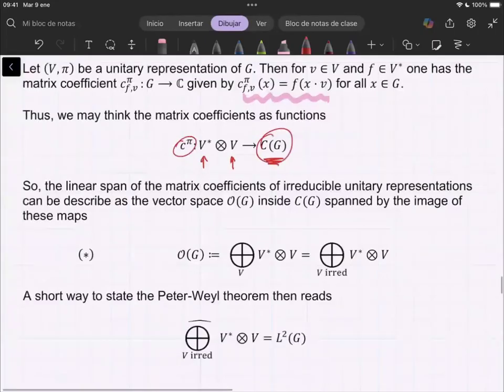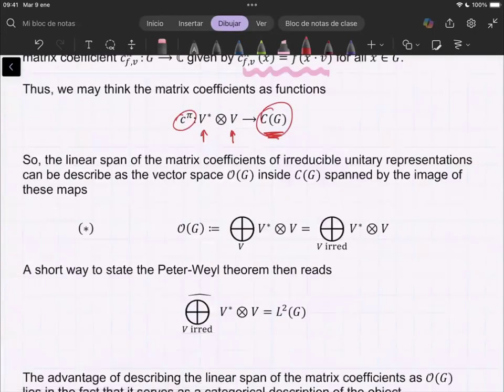This is an infinite direct sum, which means any element inside it is a finite linear combination of elements in the images. We give a name to this direct sum: in the literature you can find it as O of G, or in some books C of G. It depends on the notation of the book.